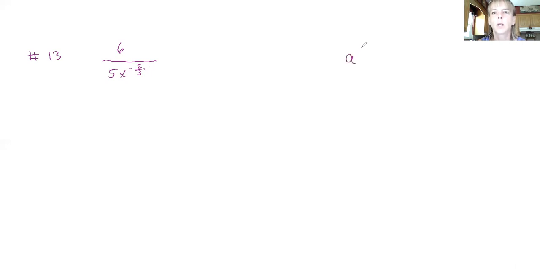I don't know, a to the negative first or negative second. Let's make it a to the negative second, b, c to the negative third all over, and let's put a 2 here, and let's put 4 to the negative first here, and let's put, I don't know, k squared.